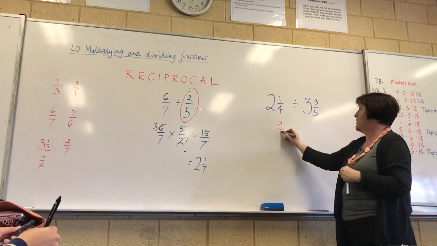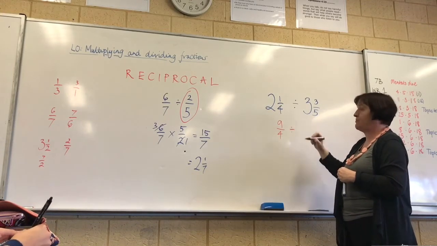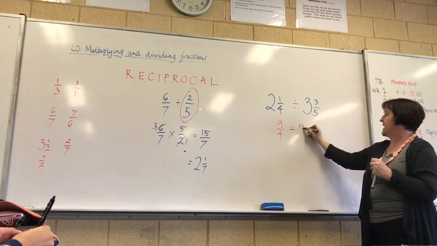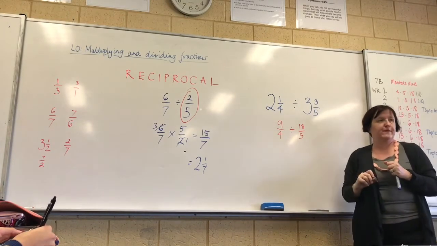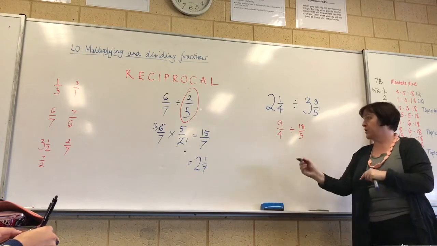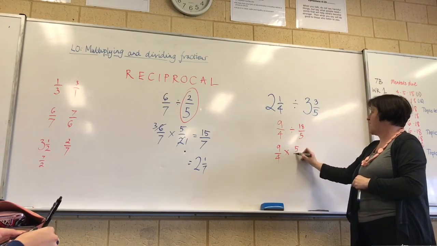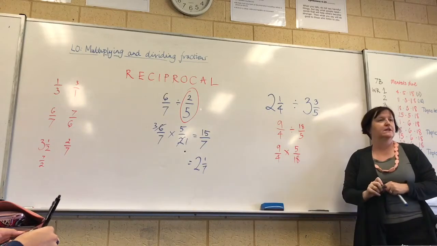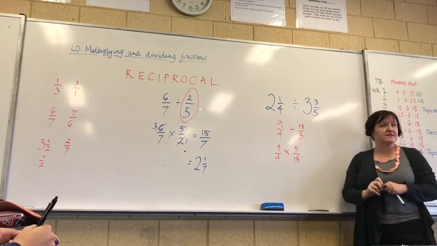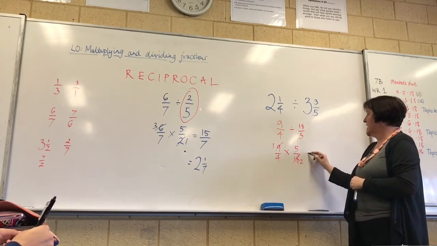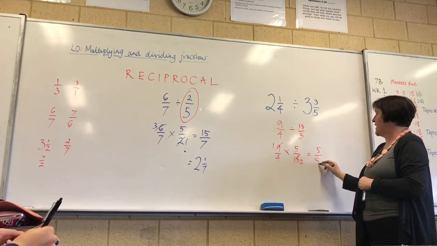So 9/4 divided by, remember you have to keep the division sign first of all, 18/5. Then you find the reciprocal. So it's 9/4 multiplied by 5/18. Can we cross cancel? Yes, the 9 and the 18 will cancel. So it's now 5/8.